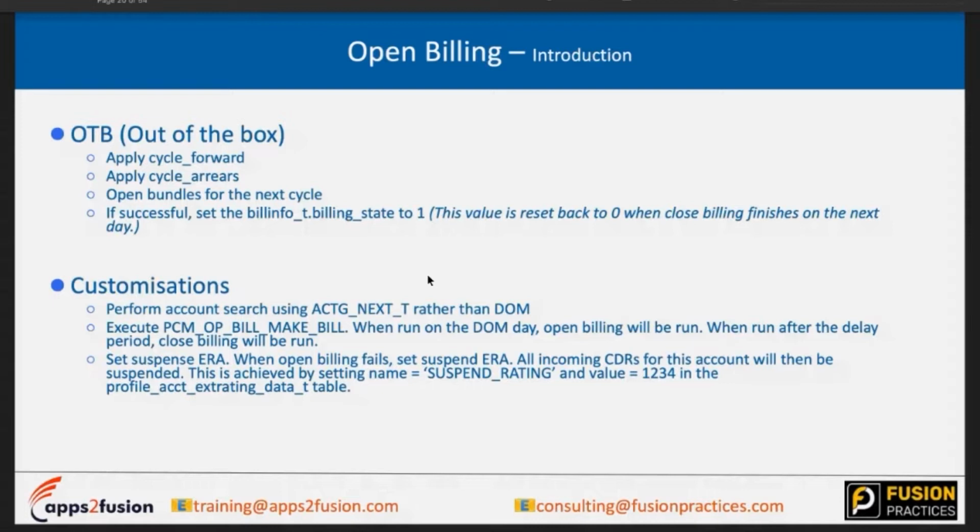So you pay upfront for that charge. There are cycle arrears, which are kind of postpaid, where you purchase the product, use it for the entire month, and towards the end of the cycle a charge is applied.